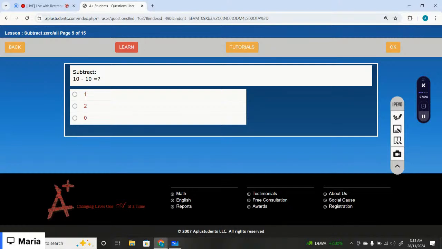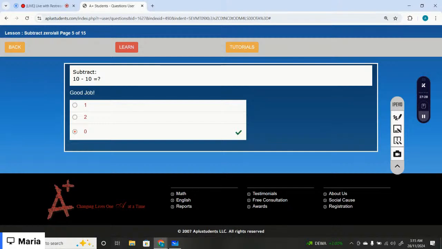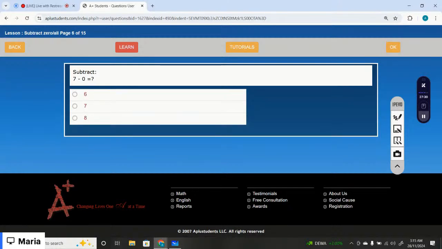Subtracting a number from itself always makes a 0. 7 take away 0.